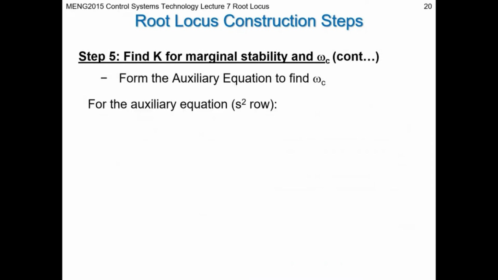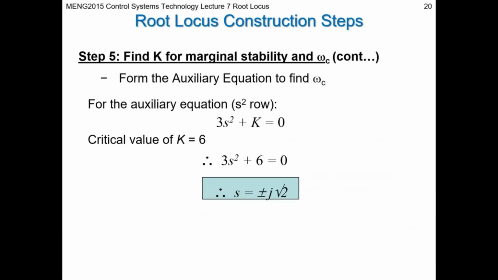Right, that's our auxiliary equation. When we set k equals 6, that's the critical value, then we get s equals plus or minus j root 2. So s squared equals minus 6 upon 3, that's minus 2, and the square root of minus 2 is complex, plus or minus j root 2.